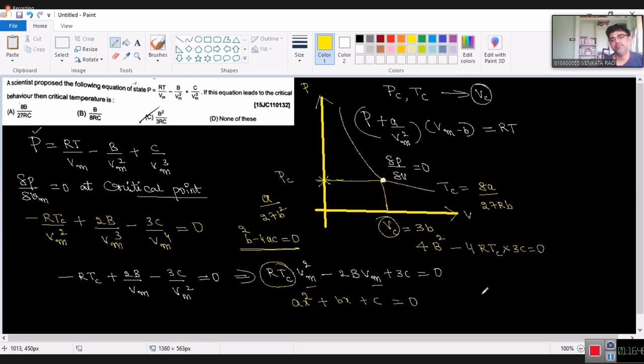Correct? 4b square is equal to 4 times 3 is 12 RTc into C. Therefore, critical temperature Tc is equal to 4b square by 12Rc. So undoubtedly it will be b square by 3Rc.